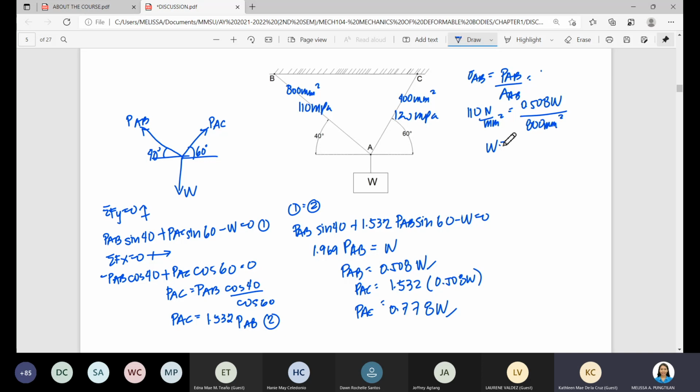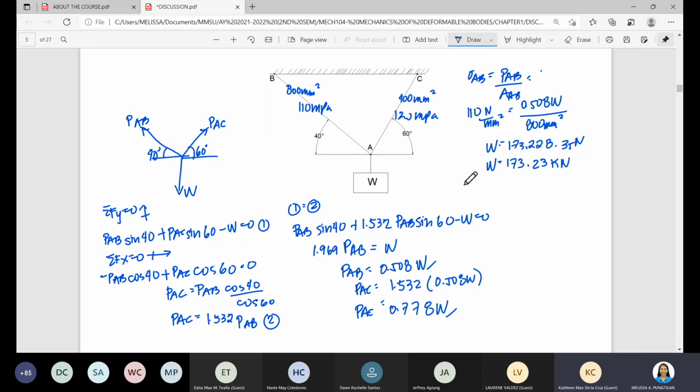Therefore, W is equal to 173,228.35 Newton or 173.23 kilonewton.